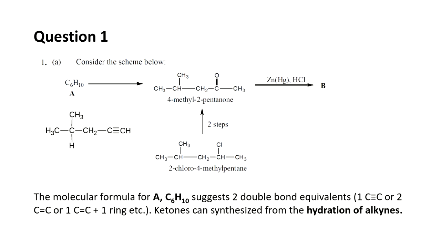Very good, Clemmensen reduction. And if we have a Clemmensen reduction, what are we forming for B? Nope, it's not an alcohol. A Clemmensen reduction doesn't form an alcohol, it forms an alkane. You'd have learned that the Clemmensen reduction and the Wolff-Kishner reduction both convert a ketone to an alkane. So B would be an alkane.